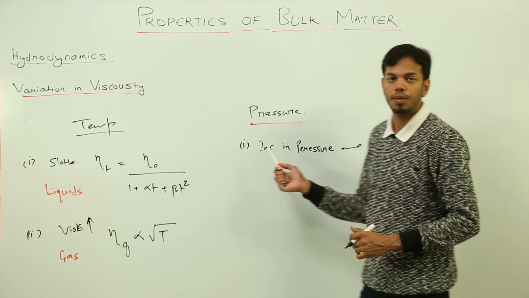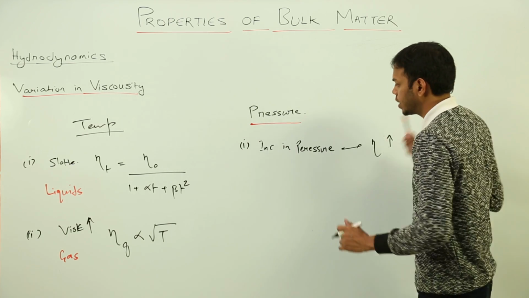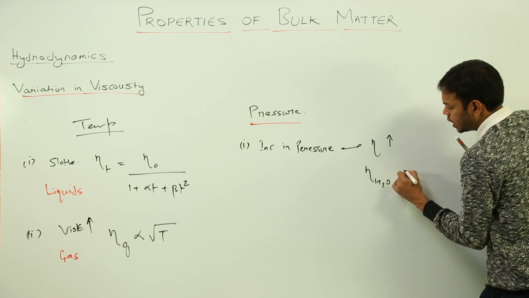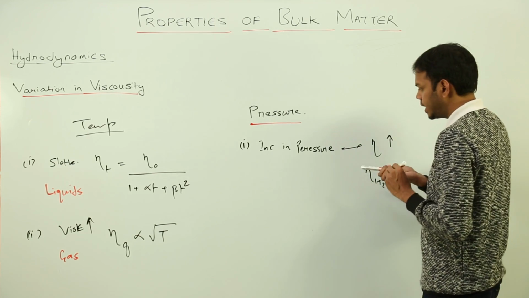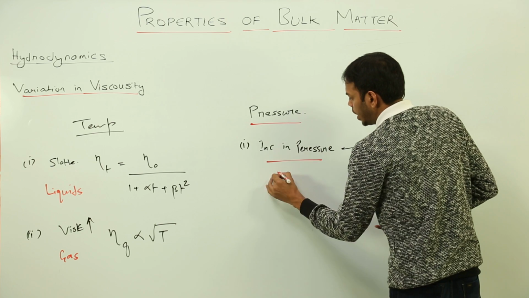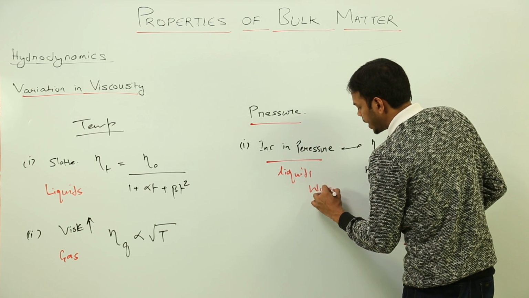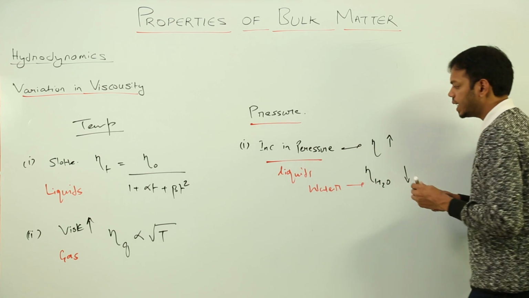This is applicable for all liquids except water. With an increase in pressure, the viscosity of water decreases, right? This is only for water because water has an anomalous behavior.